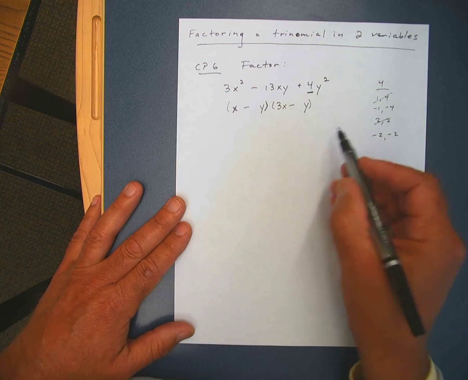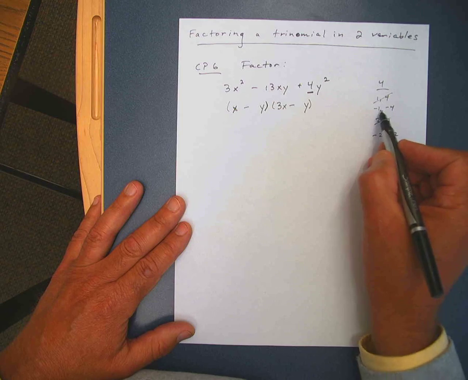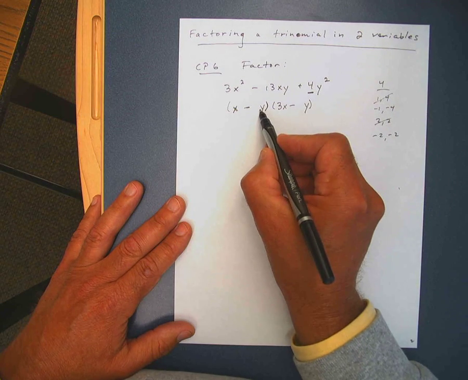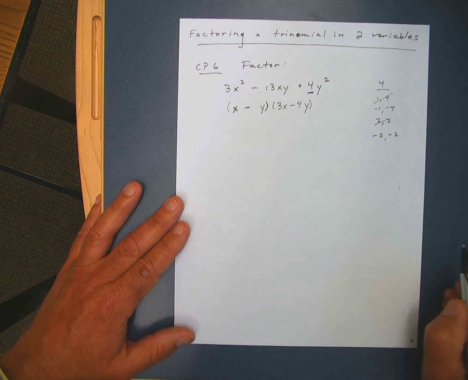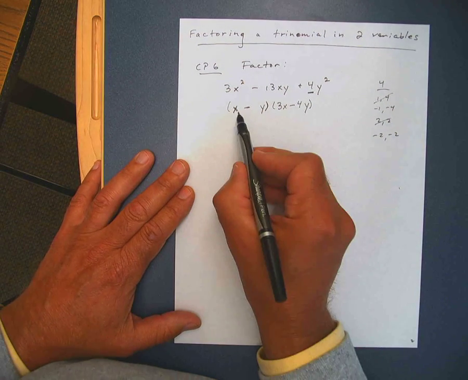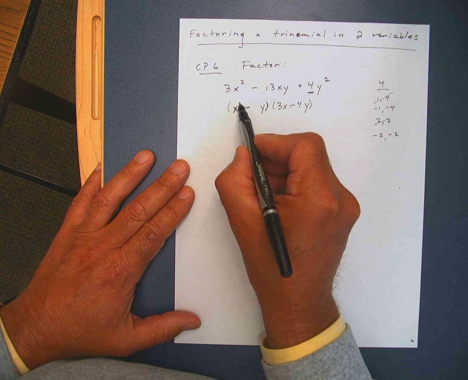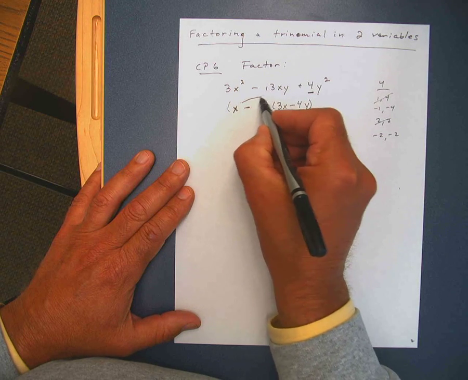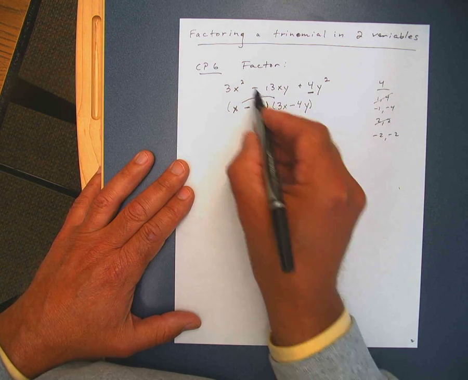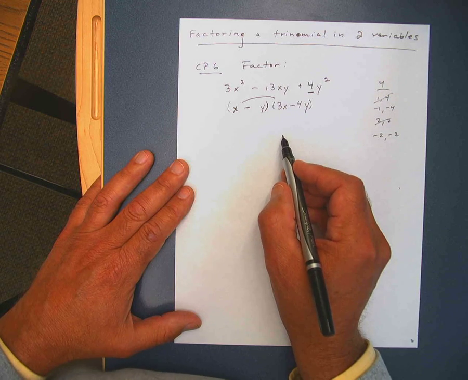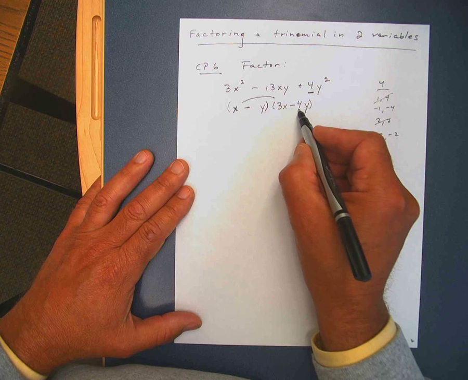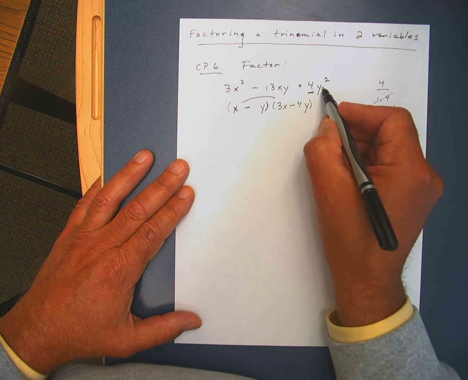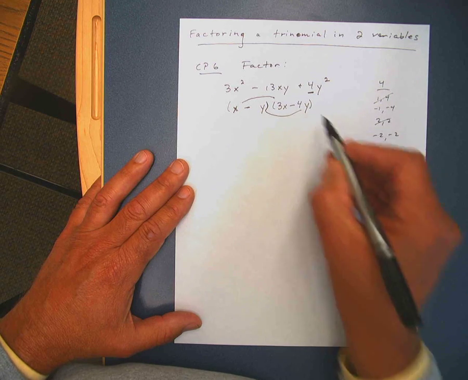I'll have a y here, and we're going to start with a -1y, which is just minus y, and then -4y. Okay. If we were to multiply this out, if we multiply the leading terms of the binomials, we are going to get our 3x squared. If you multiply the end ones, the opposite of y times -4y, you are going to get a +4y squared.